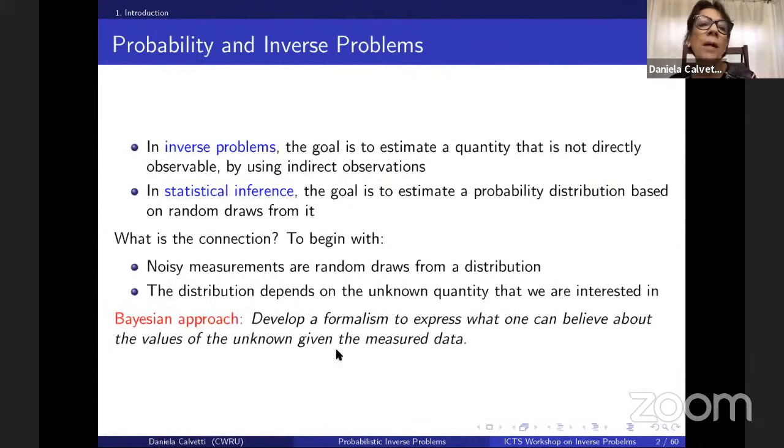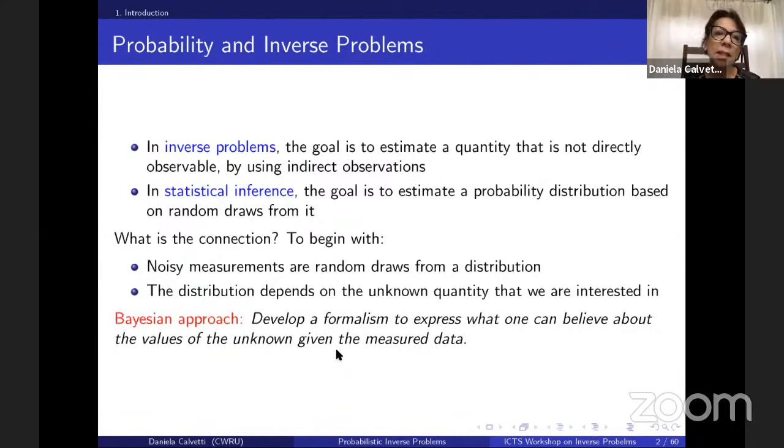So why probability and inverse problems? I will say that when I started working on this area, the two were coming together, but the world was not really sold on it. Right now, it's much more normal to see inverse problems set up within a Bayesian framework.